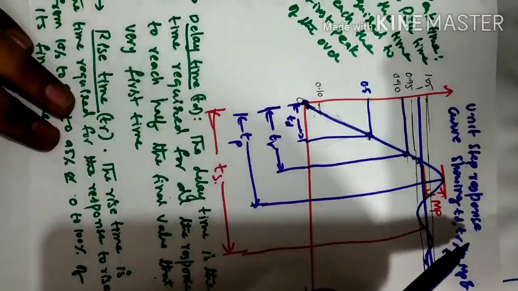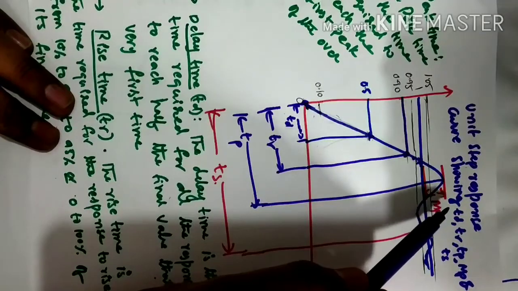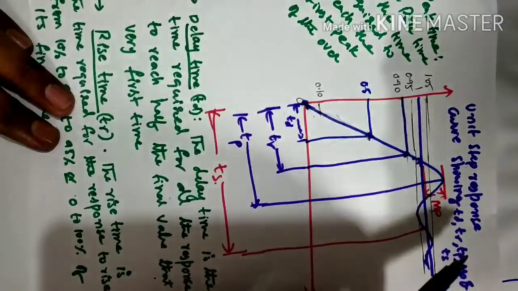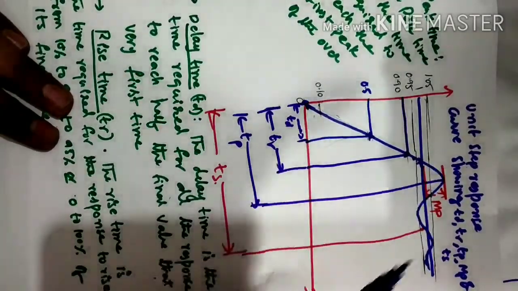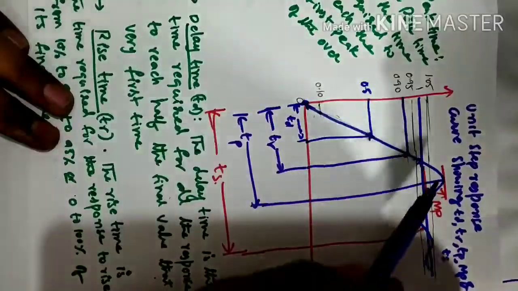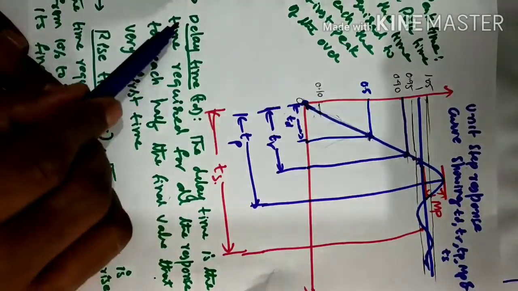These parameters are characterized by the time domain specifications. We just observe the unit step response curve here. The first one is the delay time. What is the delay time?